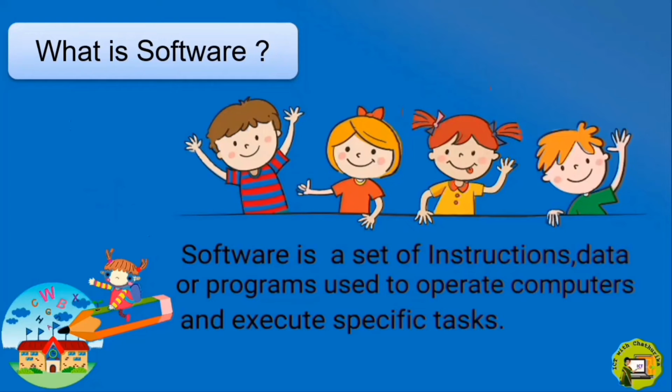So it can be called application or simply an app. We can do different tasks by using software. So we can see softwares in our smartphone and desktop. Without software, most computers can be useless.